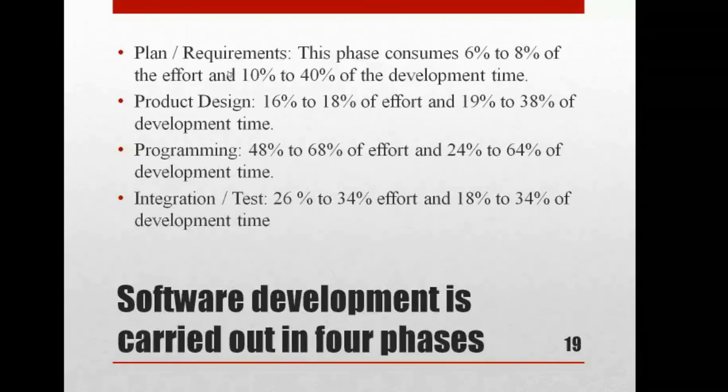So for plan and requirement, how much effort and how much development time? For the product design, what is the effort? 16% to 18%. And the product design development time is 19% to 38%. Likewise for each phase, programming phase, integration phase, they have calculated the percentage of the effort. So 48%, 68%, all these values are there, right?